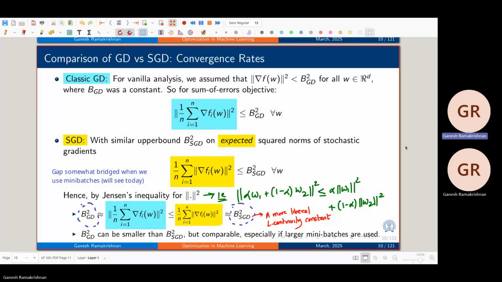So basically this gives you a feel that the square of the gradient descent Lipschitz continuity factor B should be less than or equal to the square of the Lipschitz continuity factor associated with stochastic gradient descent. Okay.